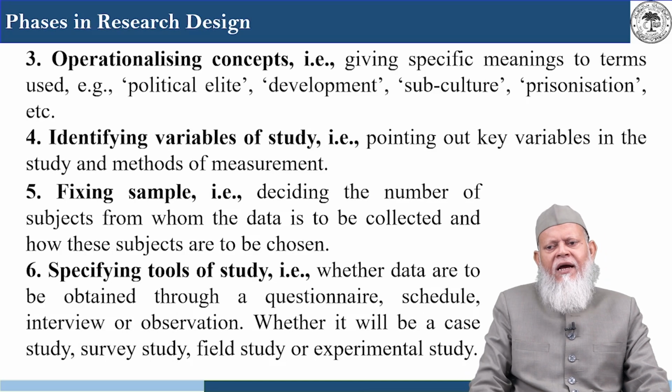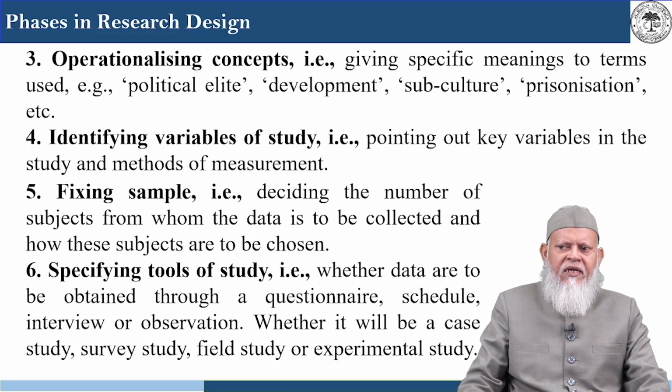Then operationalization of the concepts, that is giving specific meanings to terms, that is political elite, development, subculture, prisonation, etc. Then identifying variables of a study, that is pointing out key variables in the study and methods of measurement. Fixing the sample, that is deciding the number of subjects from whom the data is to be collected and how these subjects are to be chosen.